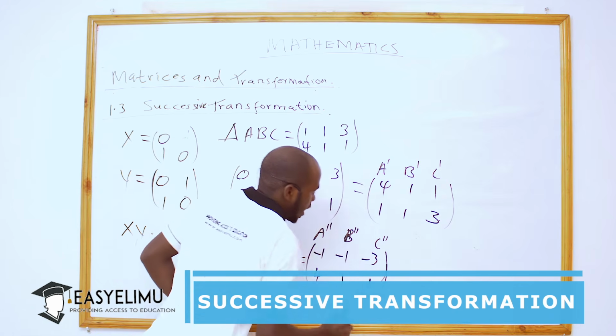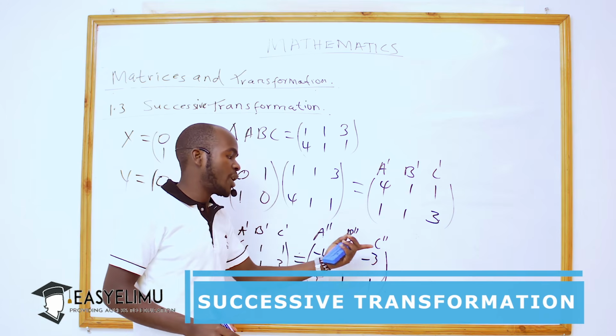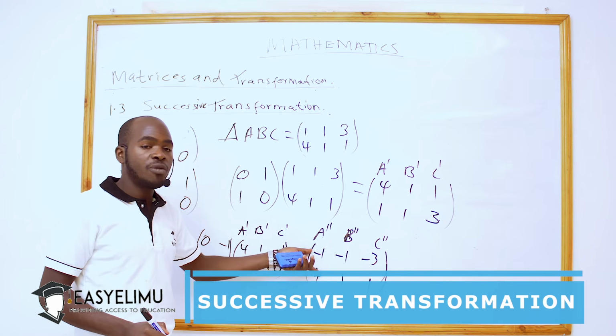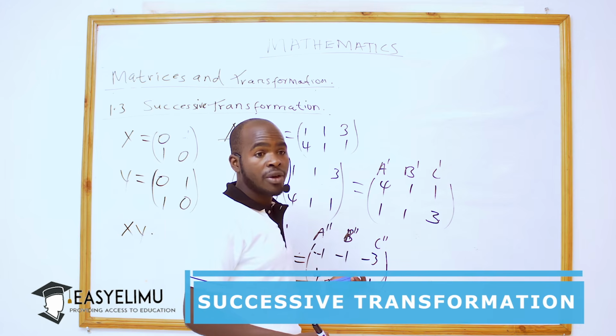And now we find that our final image, A2 prime, B2 prime, C2 prime, being -1, -1, 4, -1, 1, -3, 1.